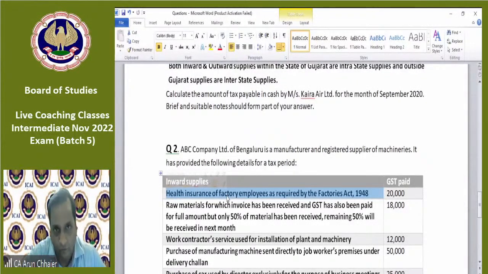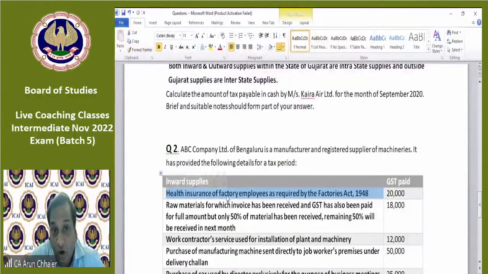See, first reply. Section 17, subsection 5, clause B talks about health insurance and life insurance falling under the blocked category.